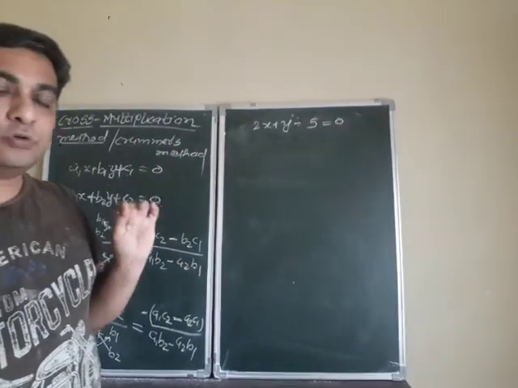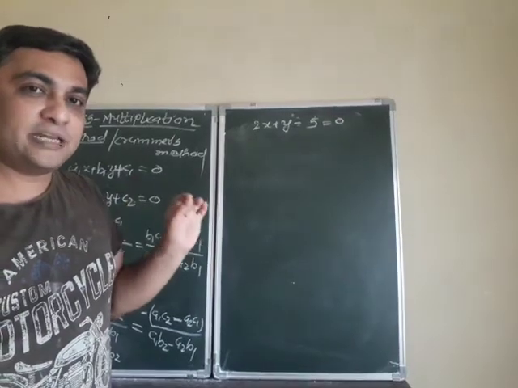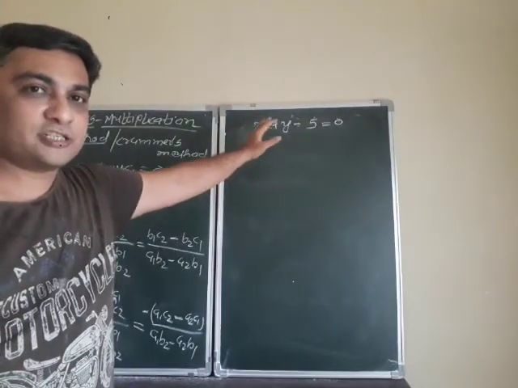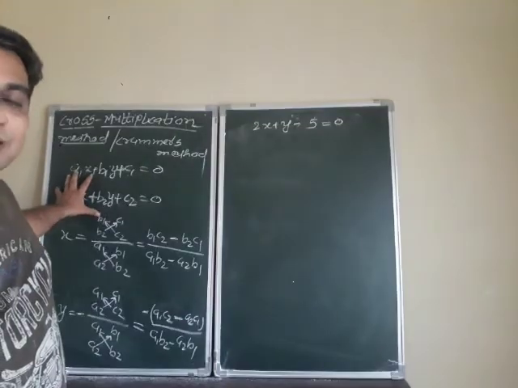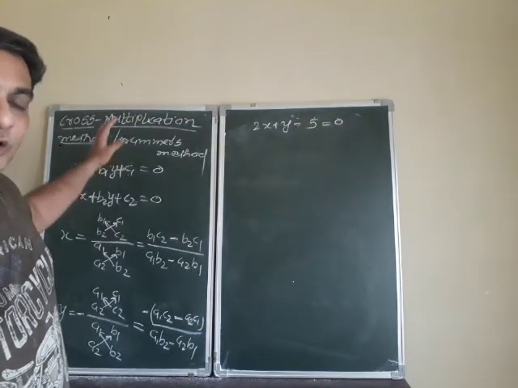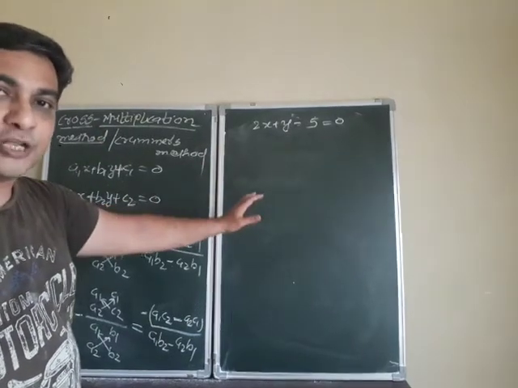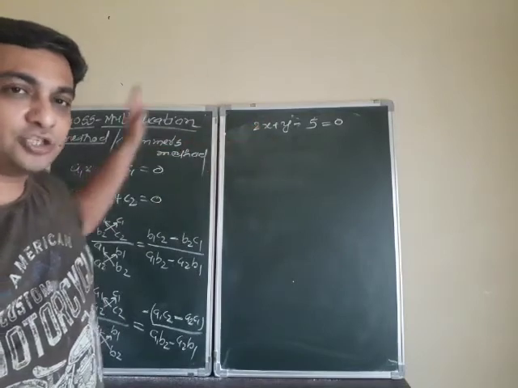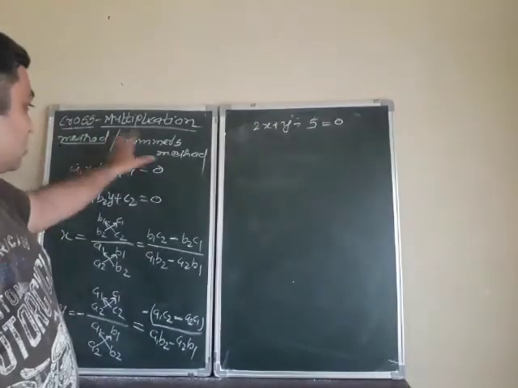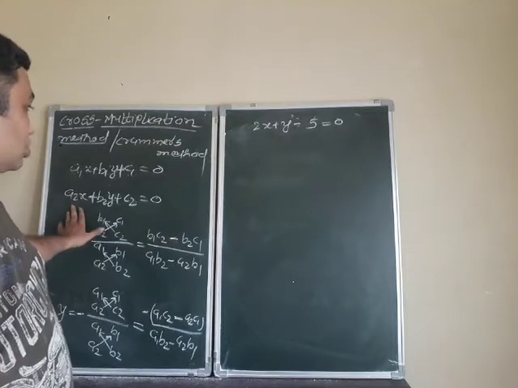Fine. When you have any system, you must adjust your system to the standard form which you have discussed in theory. Clear? Because we always solve on the basis of theory.